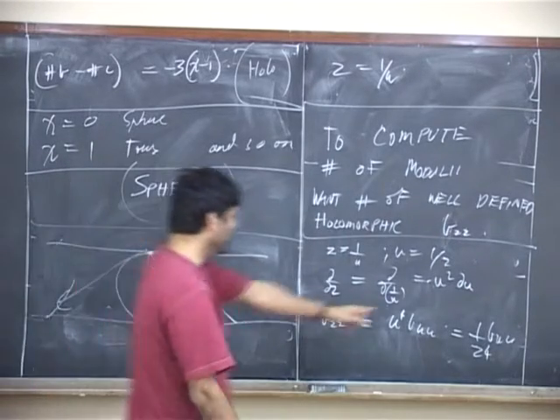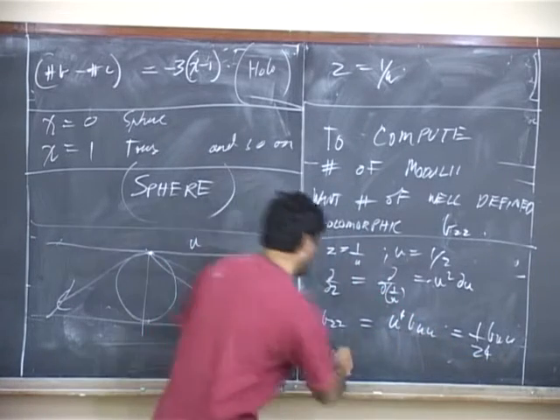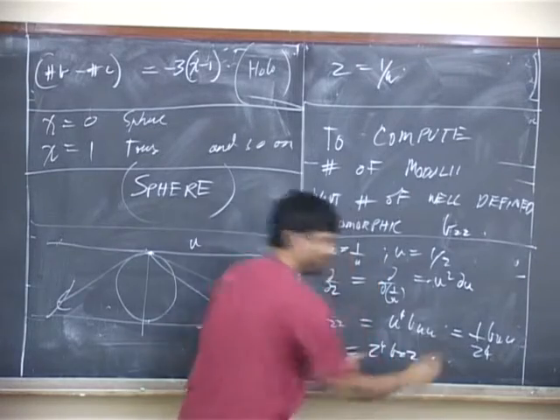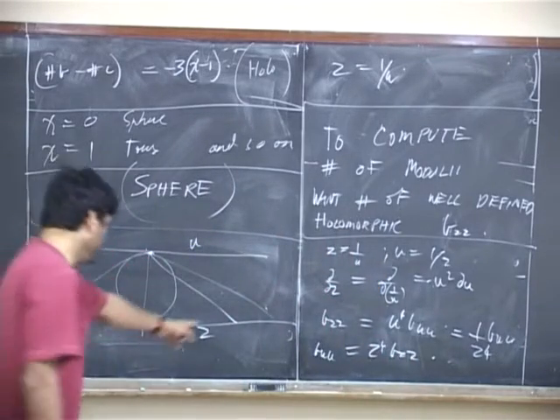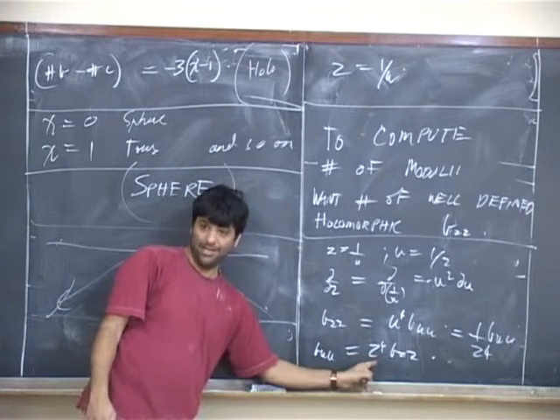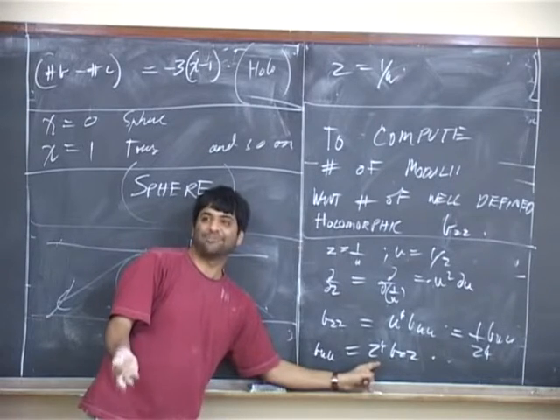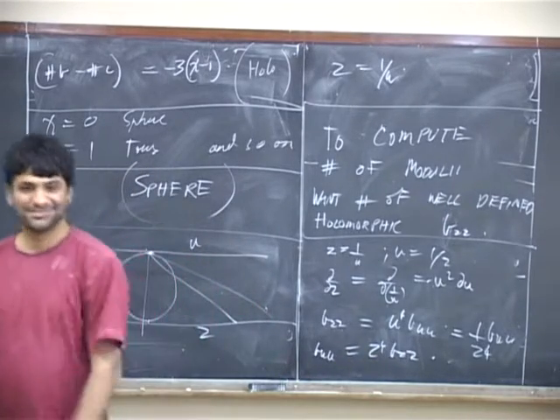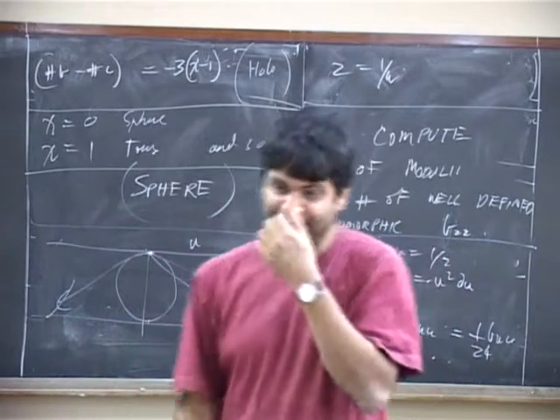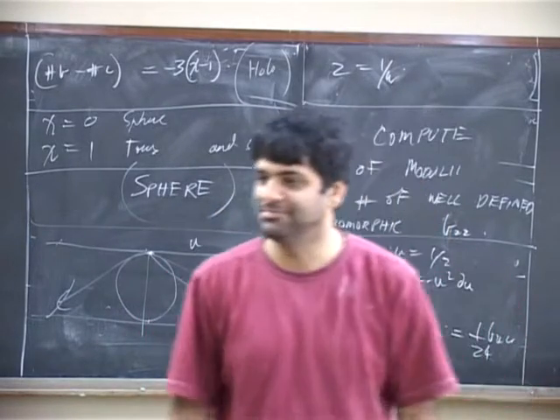We want b_uu to be well defined, so let's write this as b_uu is equal to z to the 4th times b_zz. We want b_uu to be well defined at infinity, but there's this explicit factor z to the 4th, which tells us that b_zz must die off at least as fast as 1 over z to the 4th. Therefore b_zz must be an analytic function which dies off at infinity like 1 by z to the 4th.